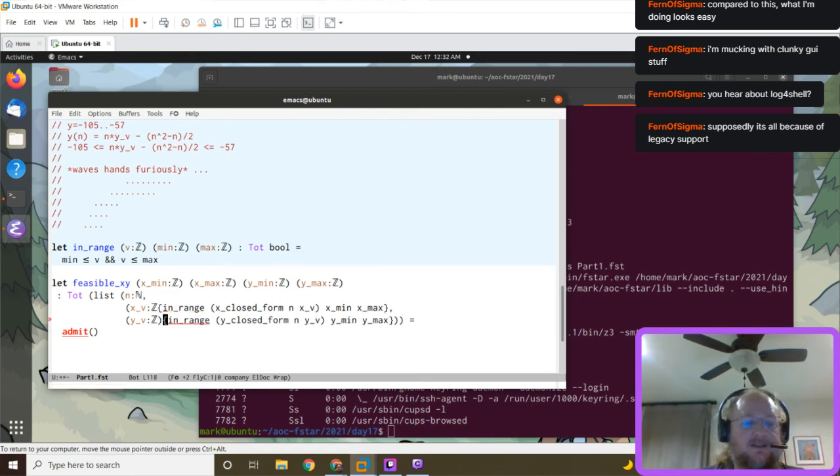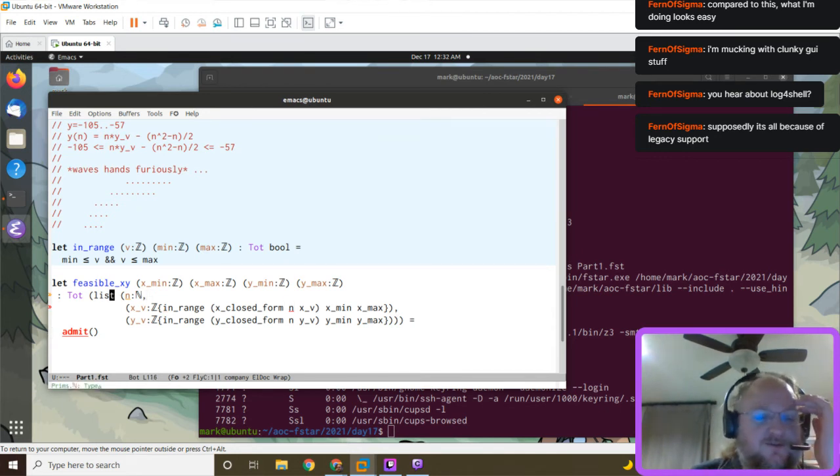Oh, there we go. Oh, this has to be a dependent tuple.